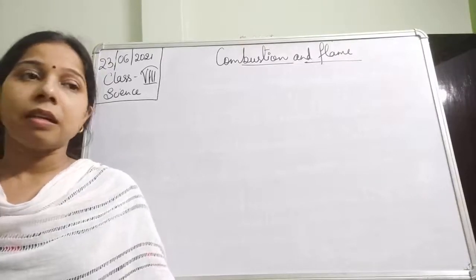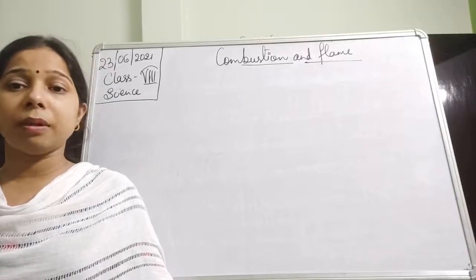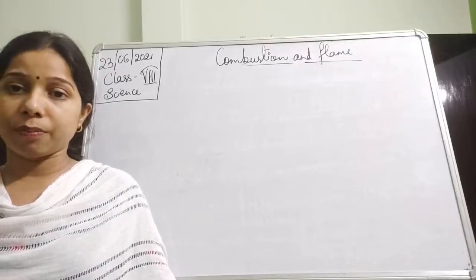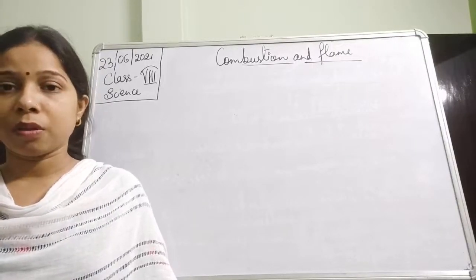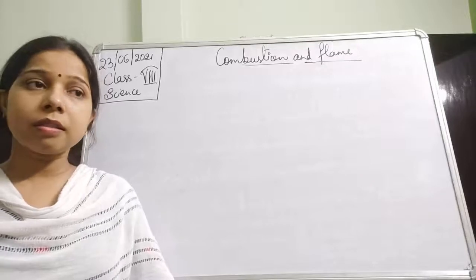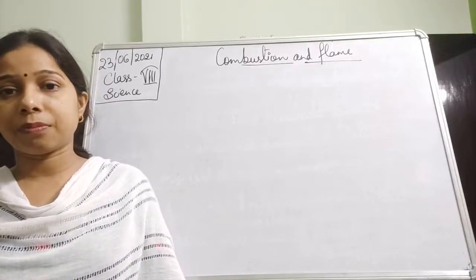Obviously, if it is not giving any kind of flame, it is non-luminous, and there is no chance of residue either. So this is what the three zones of a candle flame are.